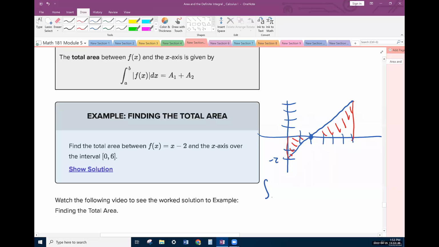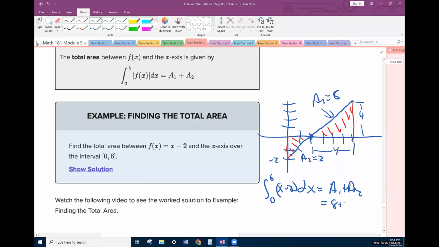So our integral from 0 to 6 of x minus 2 dx is going to be area 1 plus area 2. This is a distance of 4, like the last problem we did. Area 1 equals 8 and area 2 is 2. So it's going to be 8 plus 2, which is 10. Almost feel like that insults your intelligence a little bit.